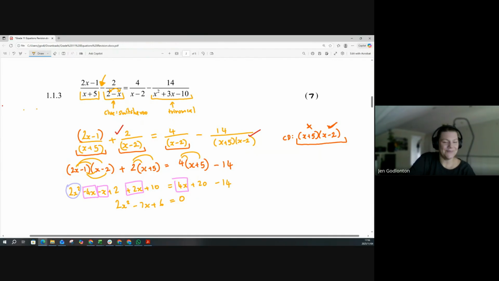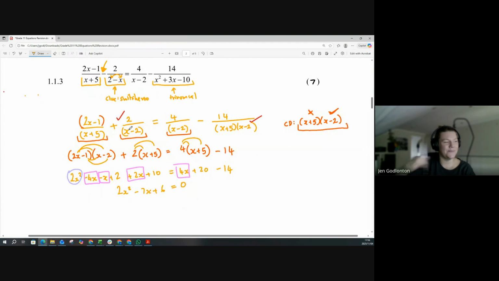Let's see. So if I do my trinomial over here, I'm going to have 2x minus 3 and x minus 2 is equal to 0, which means that 2x is equal to 3. So x is equal to 3 over 2, or x is equal to 2.